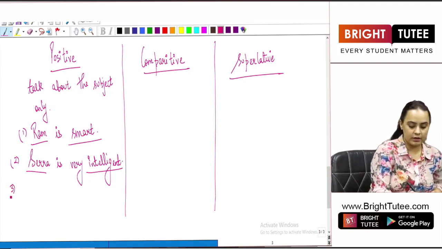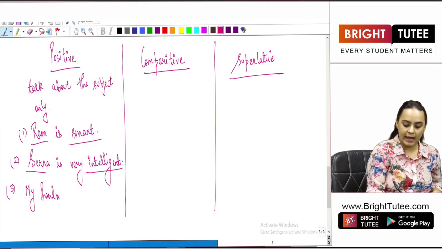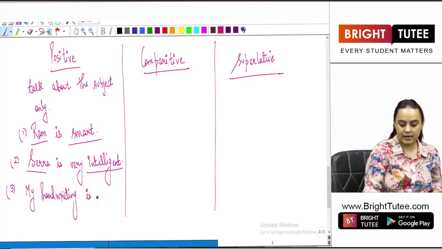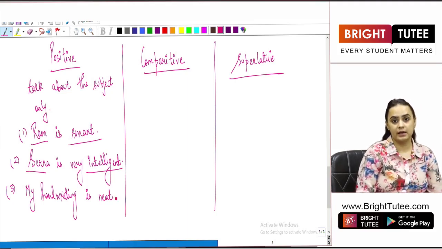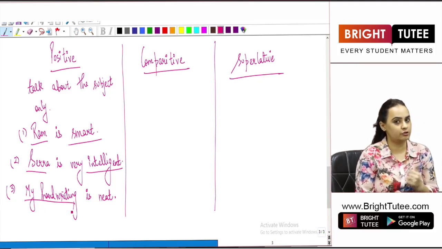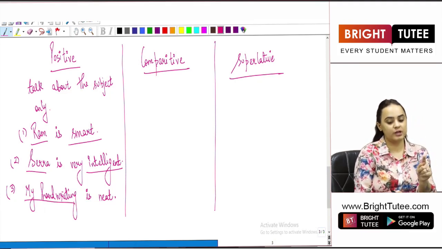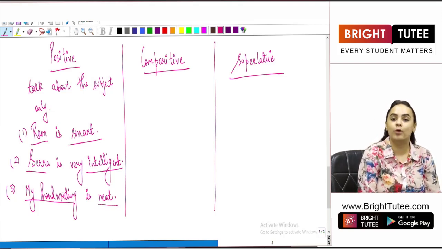Another example: my handwriting is neat. What is my subject? I am talking about just my handwriting. One subject I am focusing on, therefore my adjective, neat, is in the positive degree.